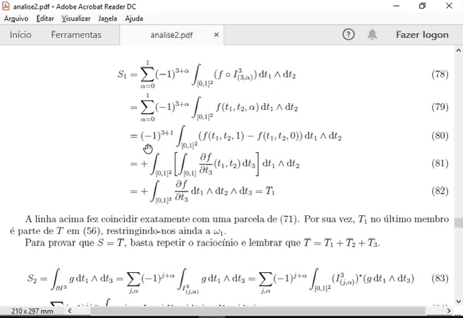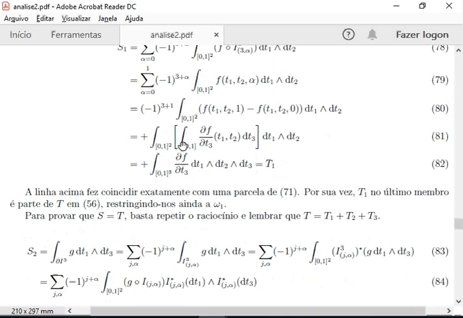That sum, by the fundamental theorem of calculus, substituting alpha equals 0 and alpha equals 1, we have the integral of f(t1, t2, 1) minus f(t1, t2, 0), dt1 dt2, with sign 3 plus 1, plus integral of integral.